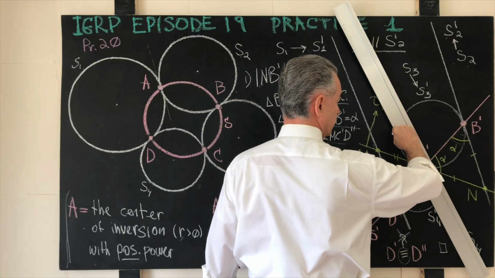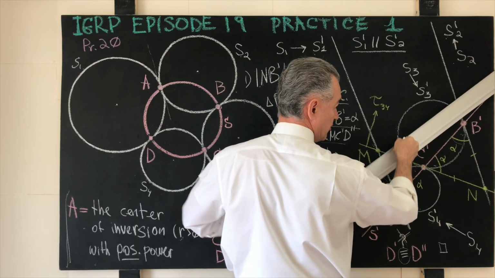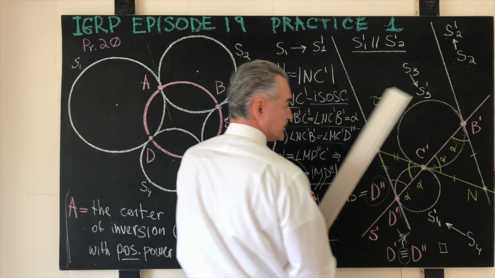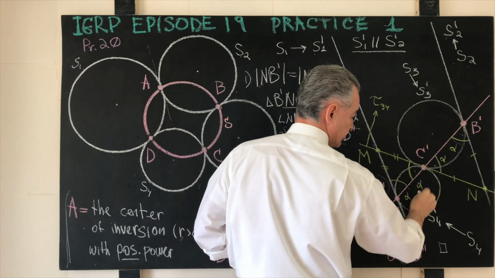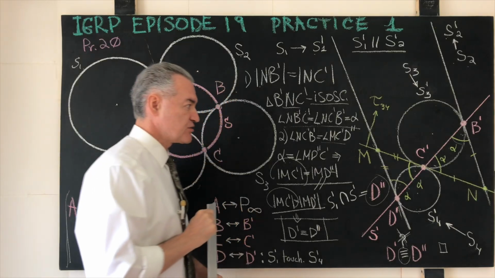You see, it's parallel. Then what will happen to that straight line S prime? Well, it will be perpendicular, and it will necessarily pass through the centers of the circles as well, and then the proof is especially pleasant.